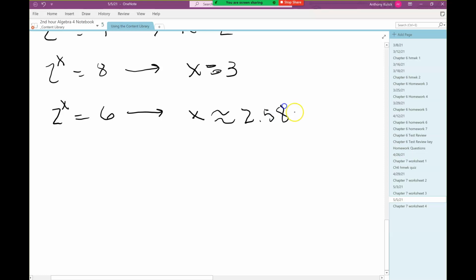So we got like 2.58. But we've established that this is an irrational number. Whenever we've encountered an irrational number like this, we don't default to a decimal approximation, right? We give it a name.